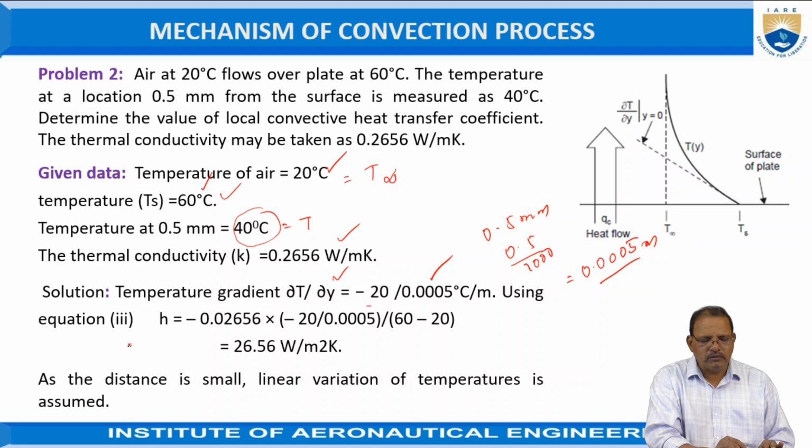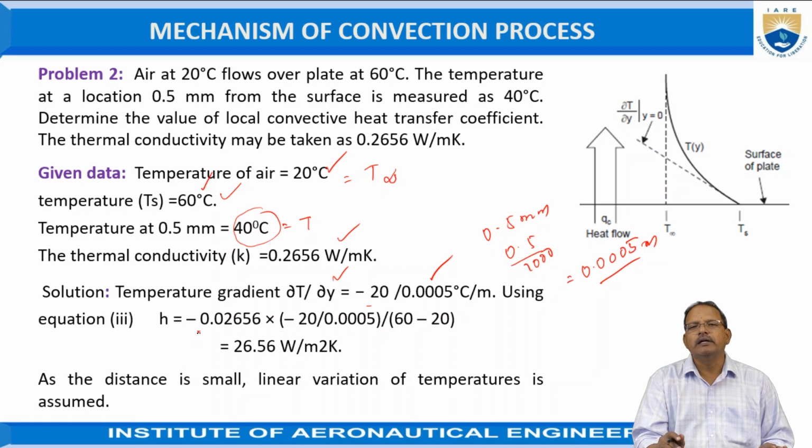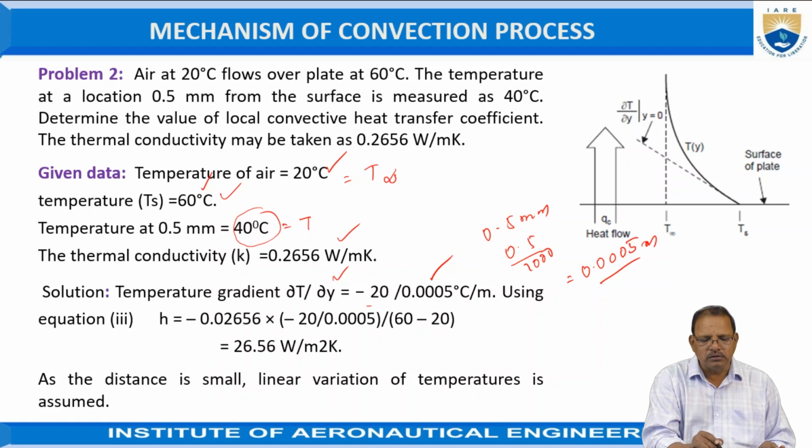So in equation number 1, in order to determine the local convective heat transfer coefficient, H is equal to minus K. According to the previous equation we have taken minus K. Minus K means here the temperature gradient is negative, hence it is treated as minus value. K is the thermal conductivity of the material, which is equal to 0.2656 watts per meter per degree Kelvin.